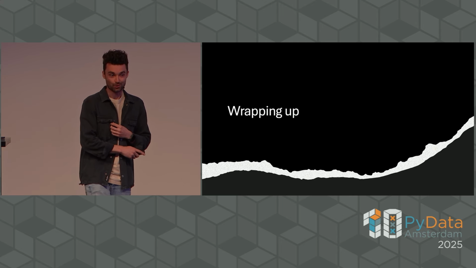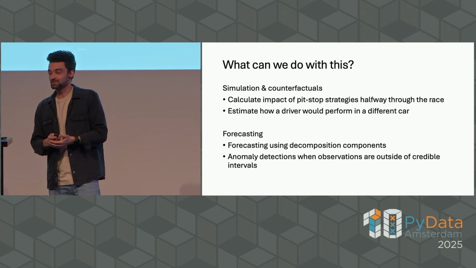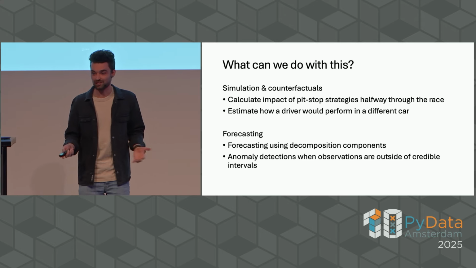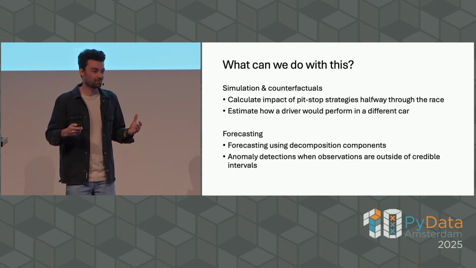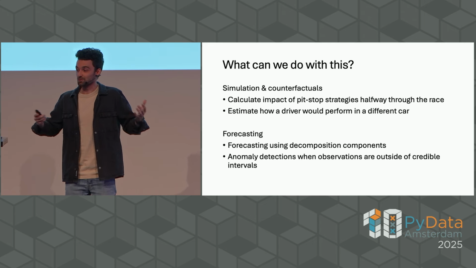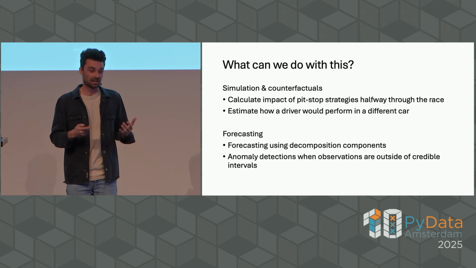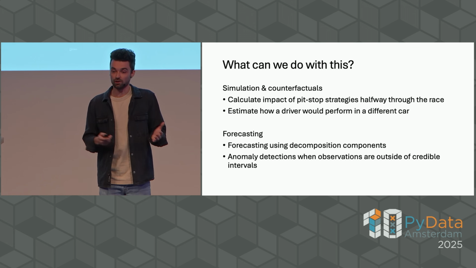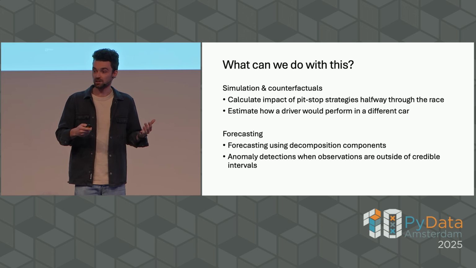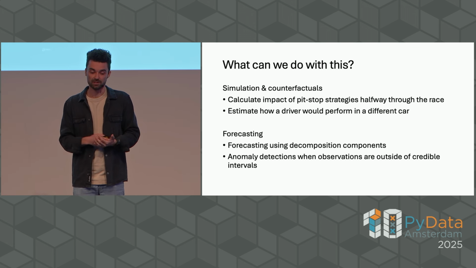So, to wrap up, let's see what we can do with these types of models. If we zoom out a little bit, we've looked at 3 different things, what can we do? Well, we can do simulation and counterfactuals. We can calculate the impact of pit stop strategies halfway through the race, now that we've learned what the impact of tires is and the impact of pit stops.